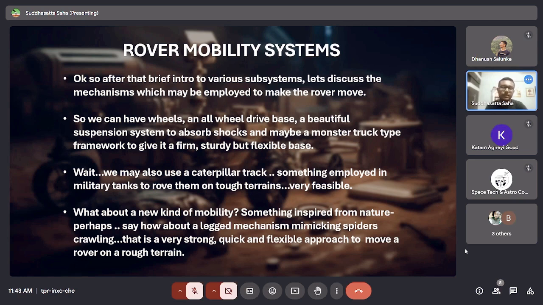But in the case of rovers, you see, it is subjected to very diverse terrain, which means that depending on the mission, like if you want to explore the surface of a planet, you can employ an all-wheel drive base similar to a car, but not exactly. A beautiful suspension system to absorb these shocks, and you have seen those monster trucks in movies, so you can do that type of construction.